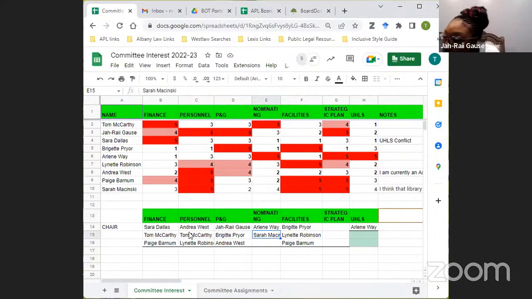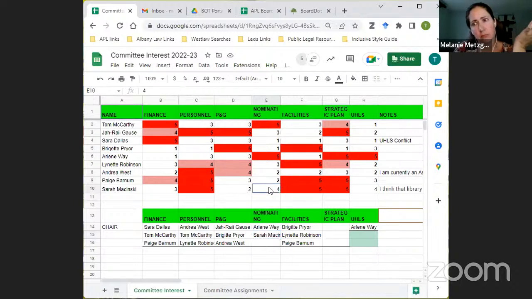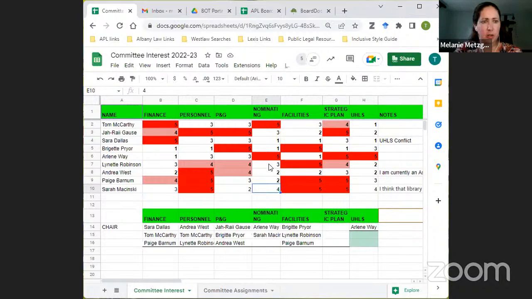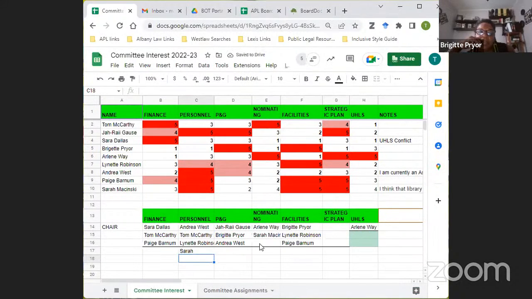What if we switch? But she did get her number 4. Okay, wait, hold on. You might could switch her with Lynette for personnel. I think that's what I was thinking too, putting Sarah on personnel. Because you have Andrea, Tom, and Lynette got her 5 on facilities.